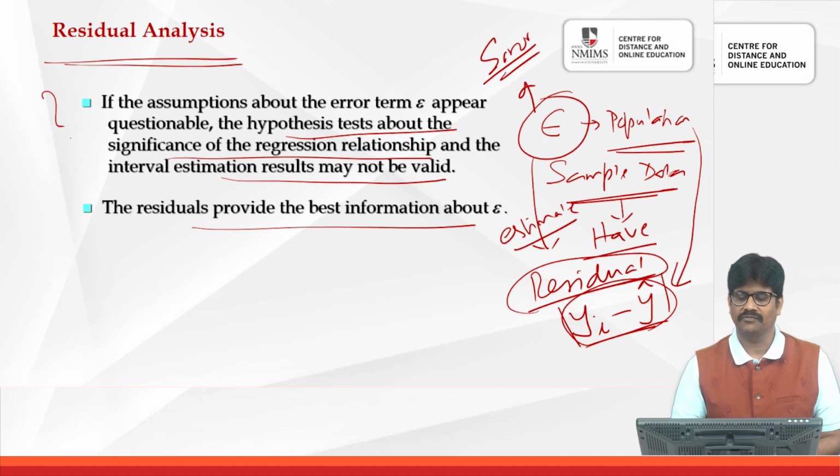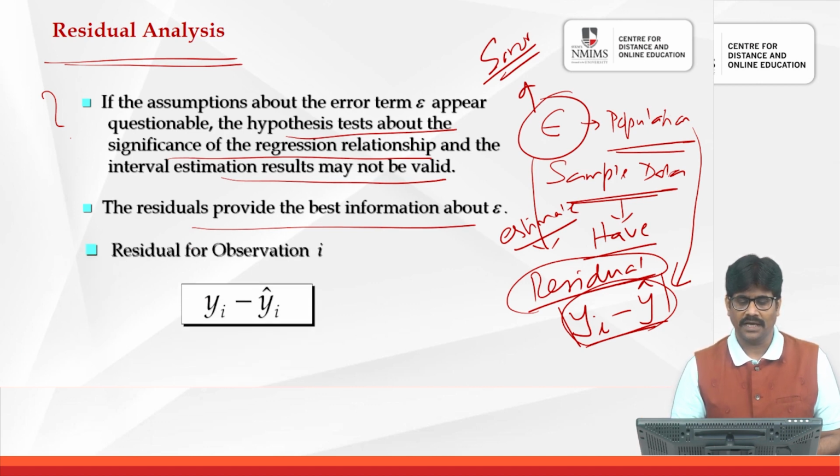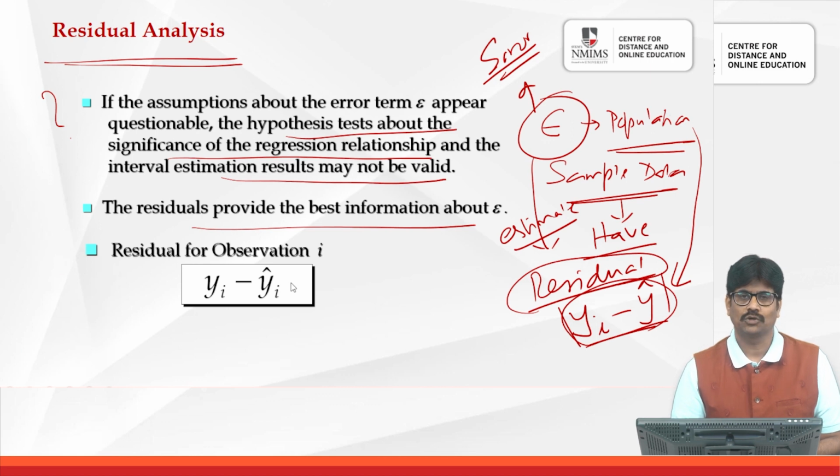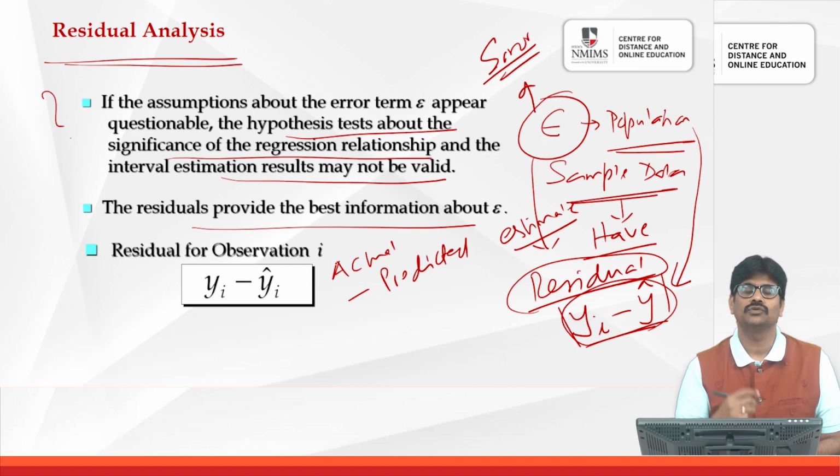Residuals provide the best information about the error E. So, this is a parameter and this is a statistic. The residual for observation i, as I said, is given by the actual value minus the estimated value. yi is your actual value and this is the predicted or estimated value, and that gives you the residual.